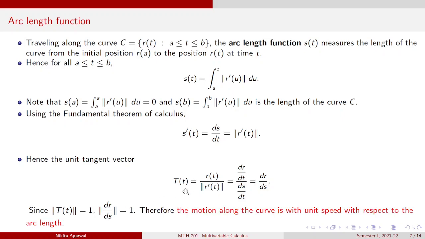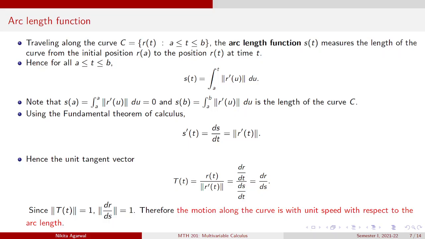Now, since the norm of T is 1, because that comes from the definition of T, it's a unit tangent vector, the norm of dr ds will also be 1 because they are both equal. What does it mean? This means that the motion along the curve is with unit speed with respect to arc length.